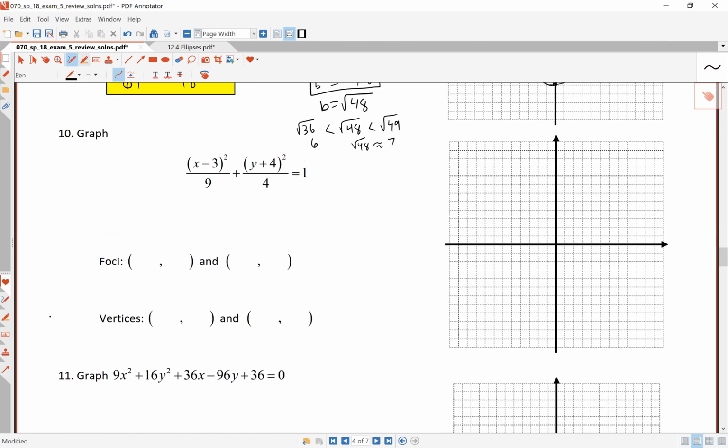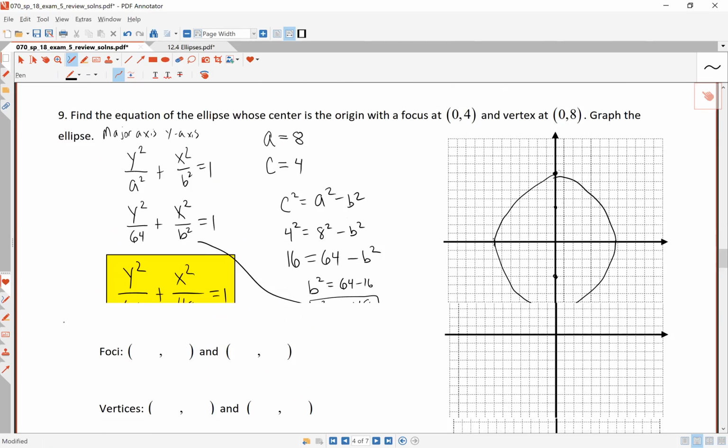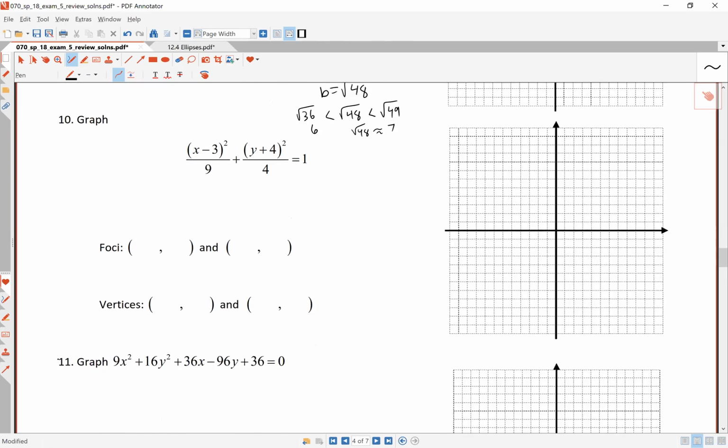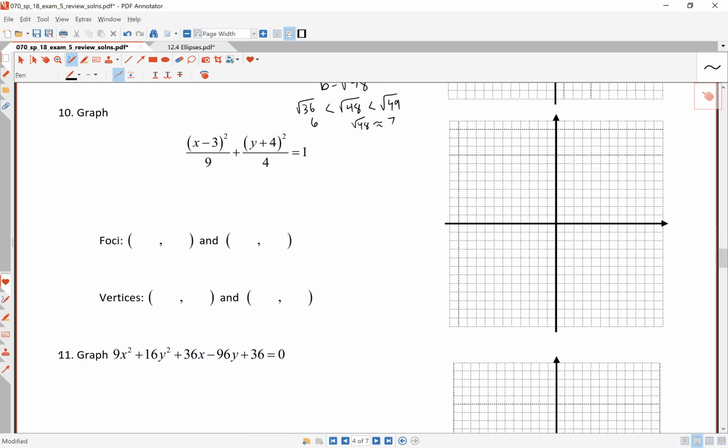Number 10, graph the ellipse (x minus 3) squared over 9 plus (y plus 4) squared over 4 equals 1. Here we see the number under the x is bigger than the number under the y. And 9 is the square of 3. 4 is the square of 2.